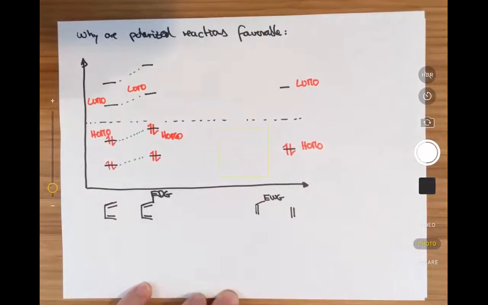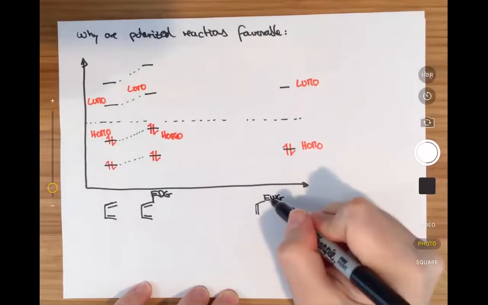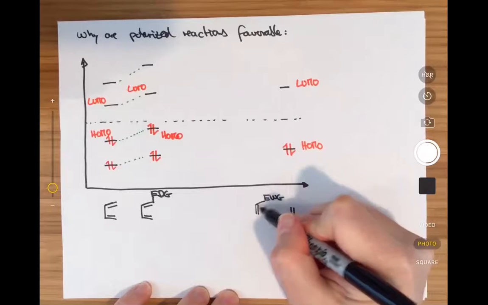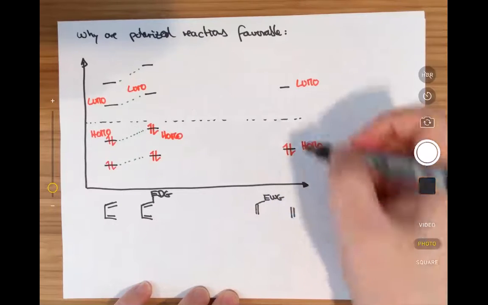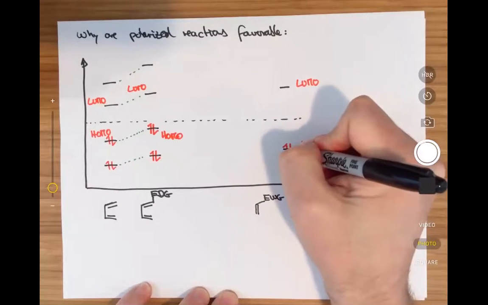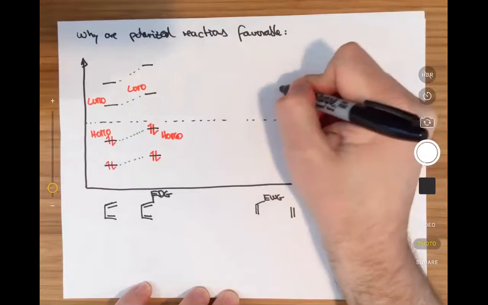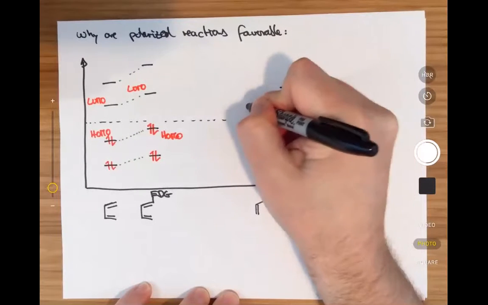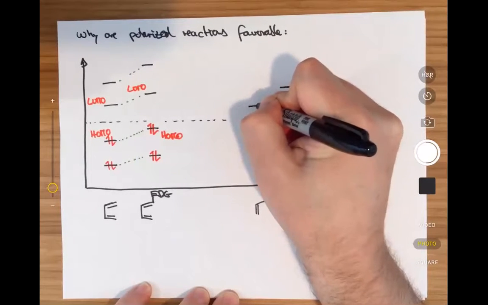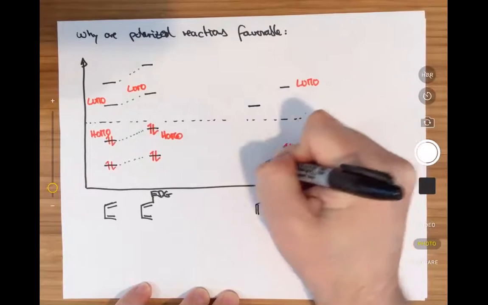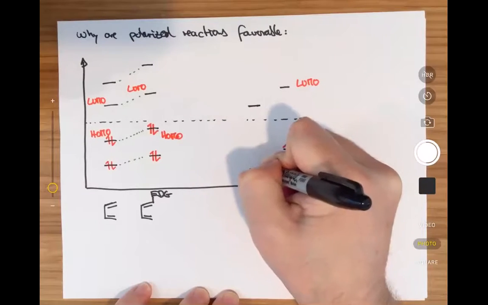So this is, for example, an ester, a carbonyl, or an aldehyde, or something like that. Now, the electron withdrawing character of this group stabilizes this pi system, and the stabilization is reflected in the fact that the energy levels go down, so they drop. So in this case, this one, for example, goes down in energy and ends up roughly here. And this one goes down in energy and ends up roughly here.